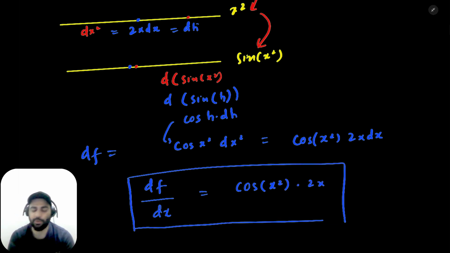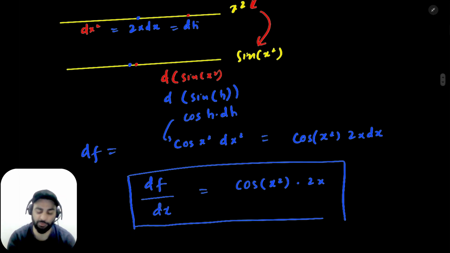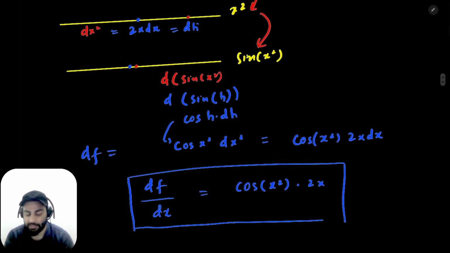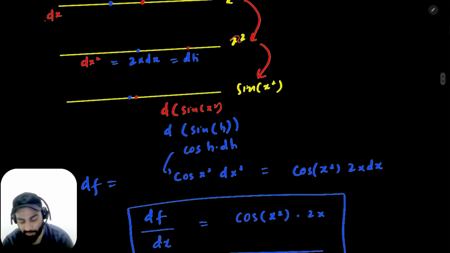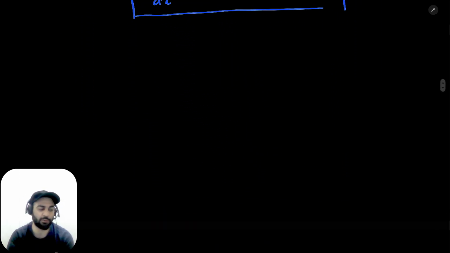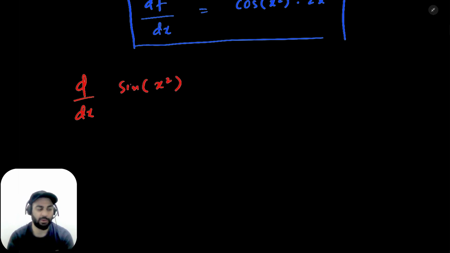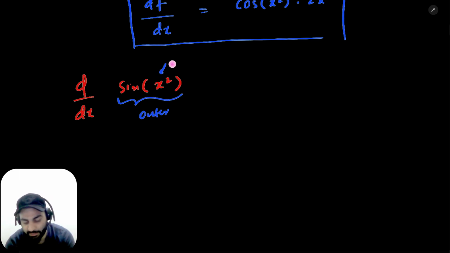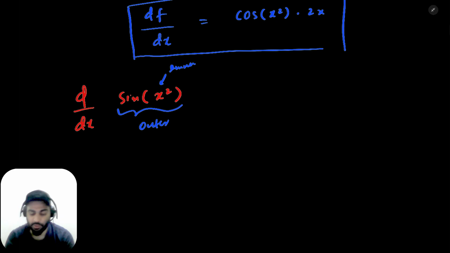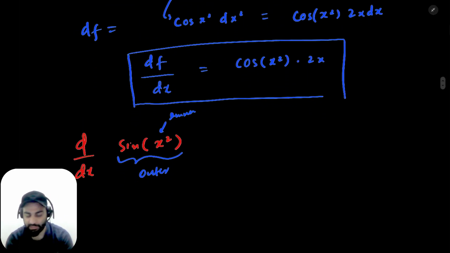Now for this example, we'll analyze it and generalize this. What did we do? The first thing is we changed this x somehow. So the change in x impacted the change in x square. So we had two functions, the outer and the inner. Let's analyze d by dx of sine of x square. This whole thing is the outer function, and this is the inner function. If you backtrack, we got cos of x square.